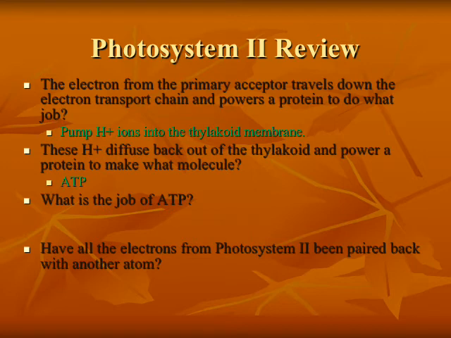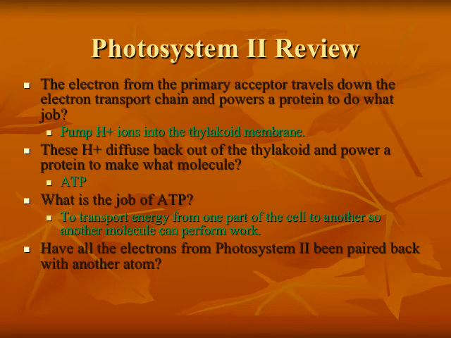ATP. What is the job of ATP? To transport energy from one part of the cell to another so another molecule can perform work. Remember, ATP is not good at holding energy, it's good at transferring energy. Have all the electrons from photosystem 2 been paired back with another atom?